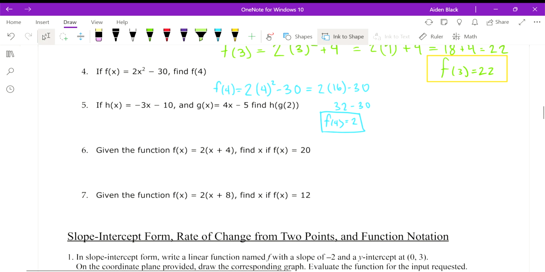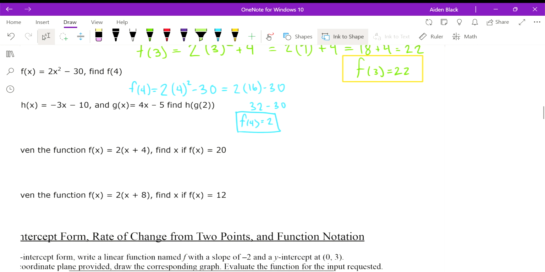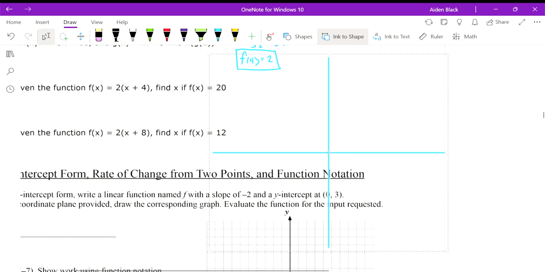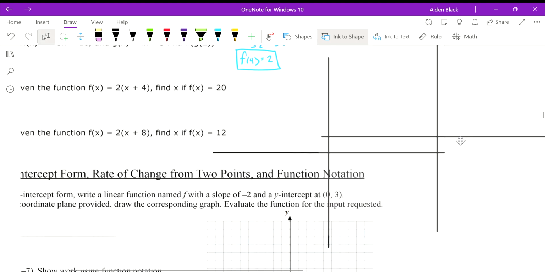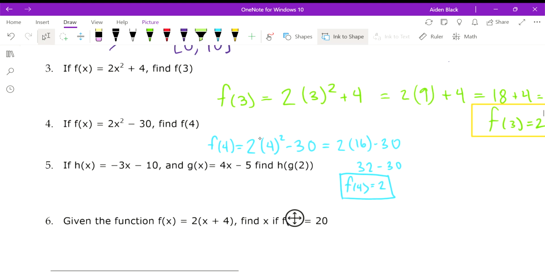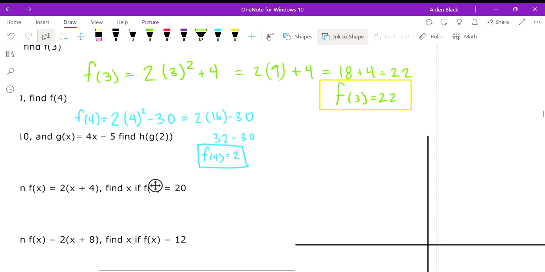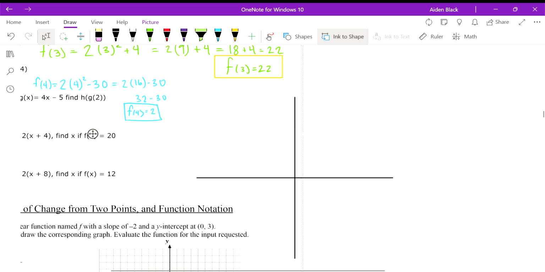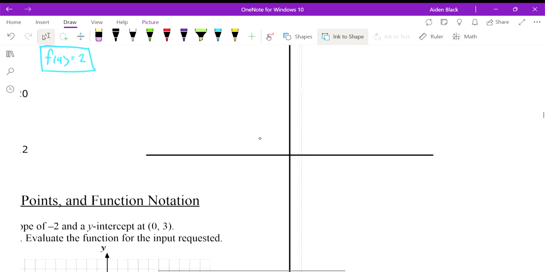Alright. So I'd like to give you a quick idea graphically of what's going on here. If you had this function, which is 2x squared minus 30, and you don't quite know what that looks like yet because you haven't gotten to it, but essentially you have a parabola that looks like this.